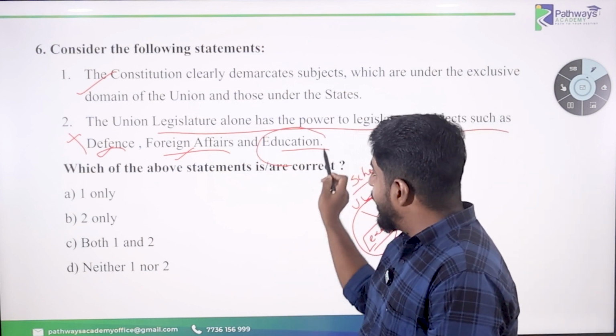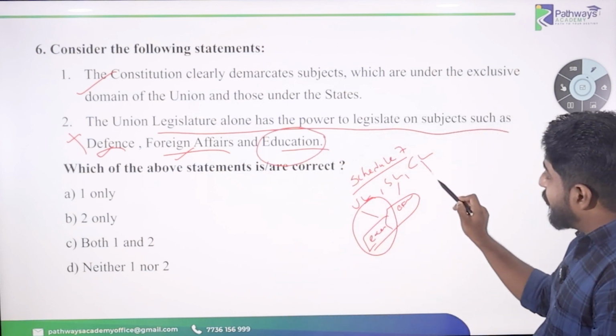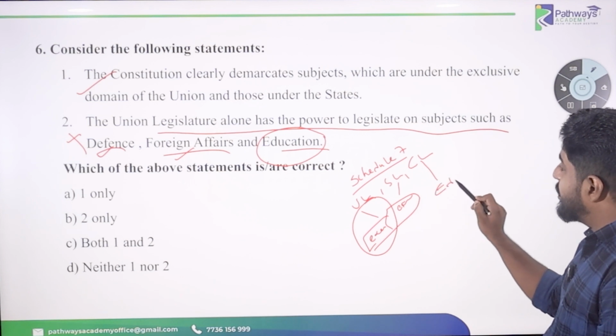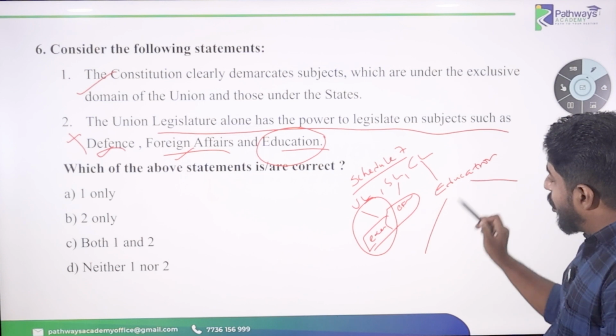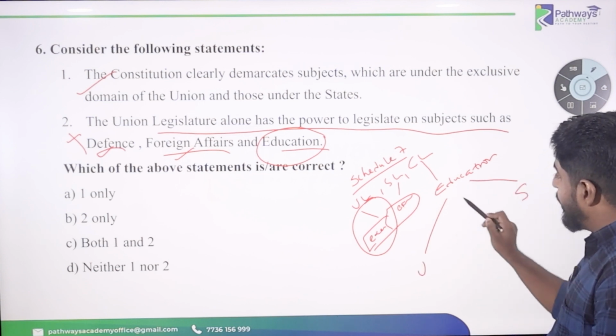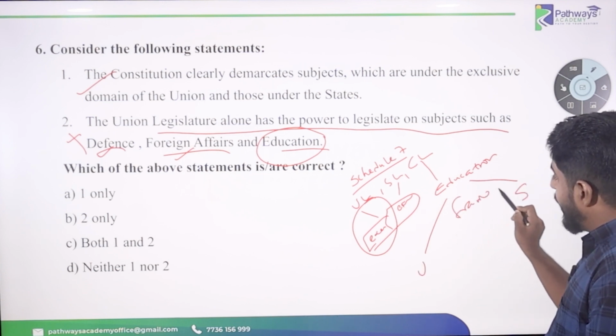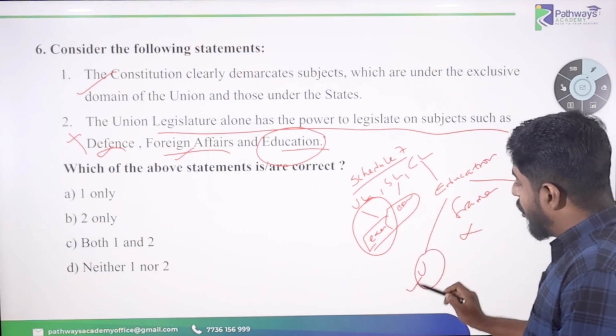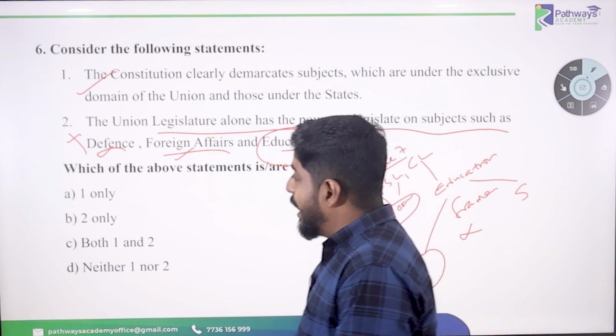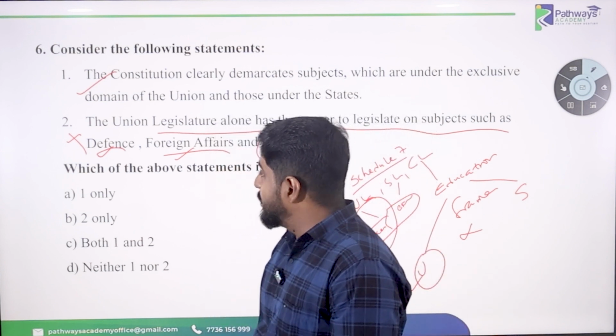But what about education? Sir, education is part of the concurrent list, on which both the Union as well as the state can frame laws, and if there is a conflict between Union and state, the law made by the Union will prevail.